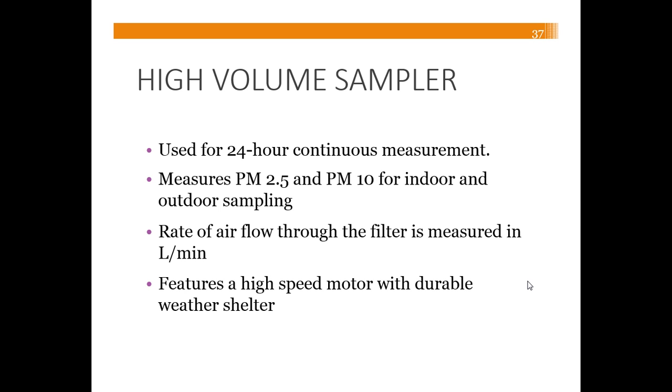Our next instrument for measurement is called our high volume sampler. This is used over a 24-hour continuous measurement. So it's measuring continuously over a 24-hour period, and it measures both PM 2.5 as well as PM 10, fine and coarse, for both indoor and outdoor sampling.